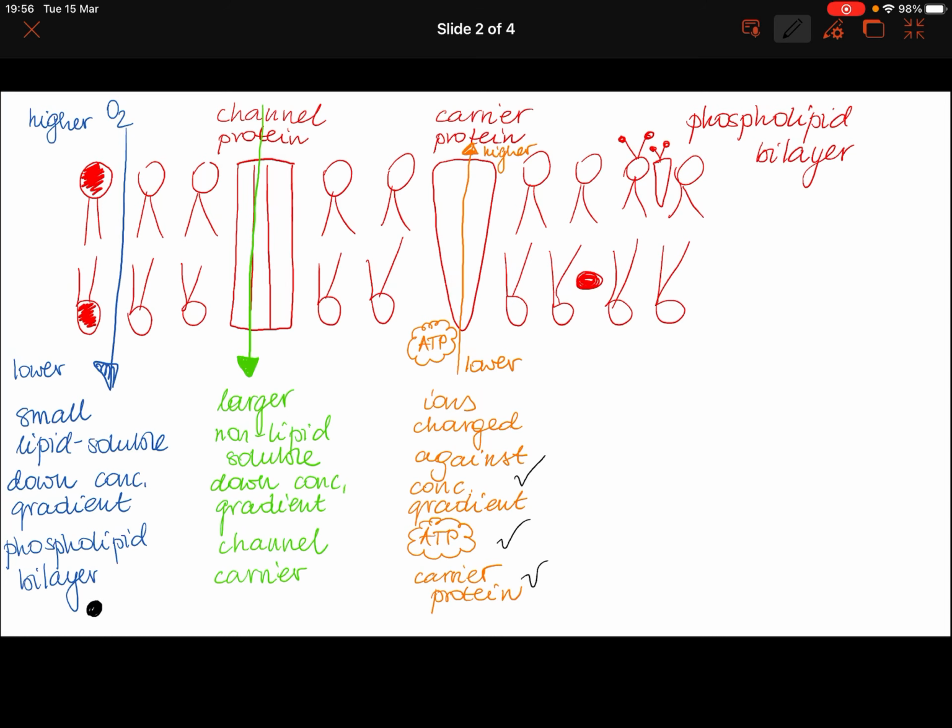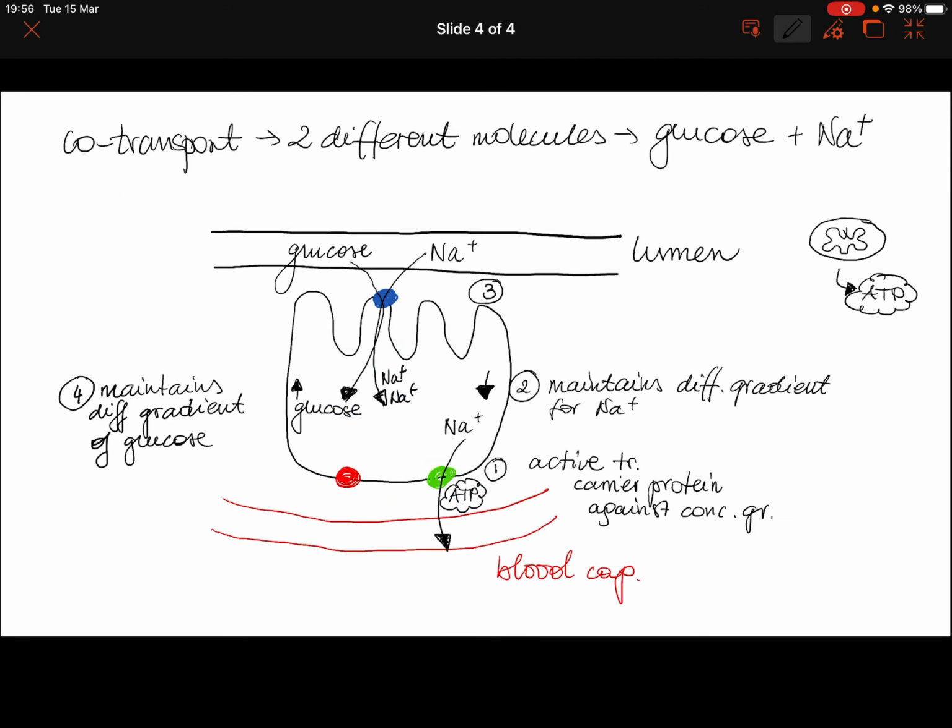So we can pick between simple diffusion or facilitated diffusion. However, as we've mentioned, glucose is a larger molecule. Being larger, it requires the help from the channel or carrier protein. And this is why I've drawn here the red carrier protein, which allows glucose to now be transported and absorbed into the blood.